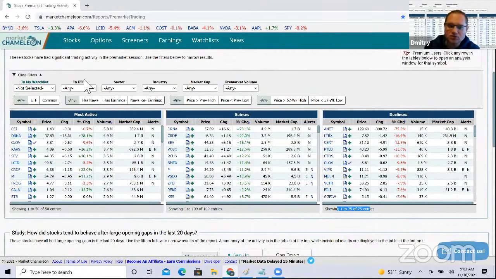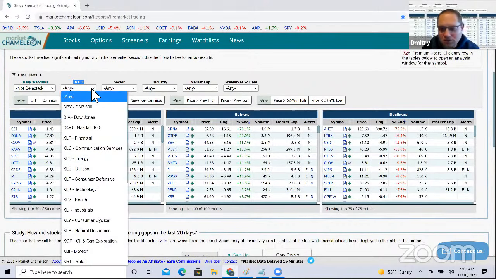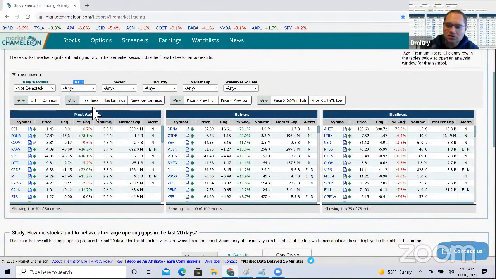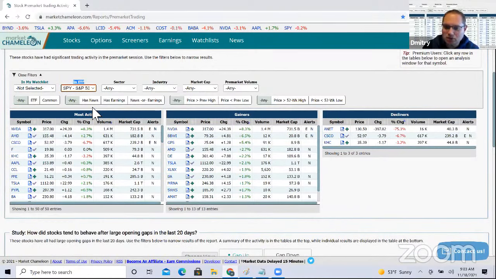I'm coming up here where the filters are. I'm going to drop this one in ETF. This is a list of different ETFs. The top one, SPY, is the S&P 500. By selecting that, we filter by S&P 500 components. Here we see 13 made our percentage gainers list, 3 on the percentage decliners. So more bullish bias at the open. Not a huge list, but nevertheless, leaning towards the bullish side.